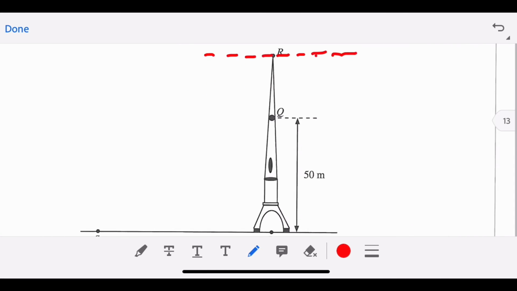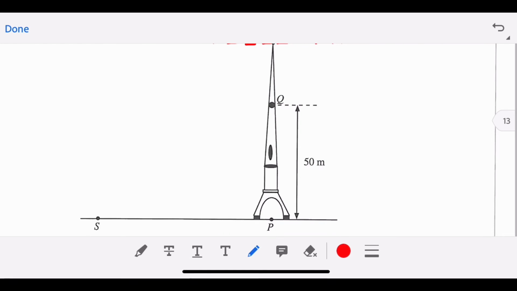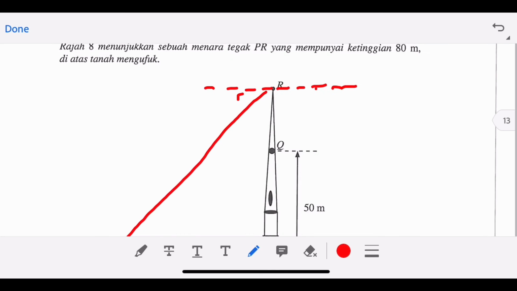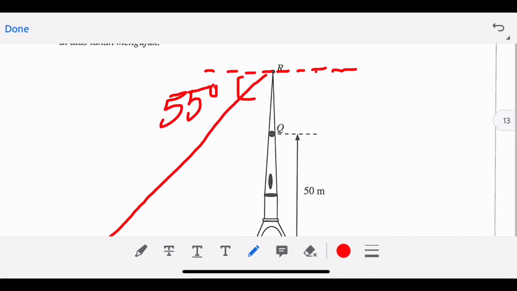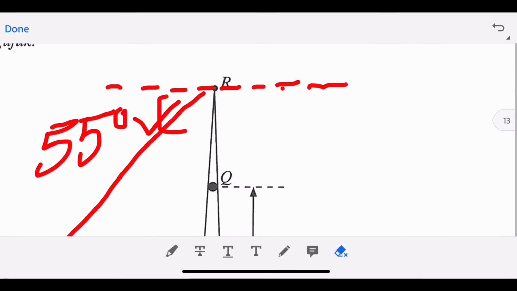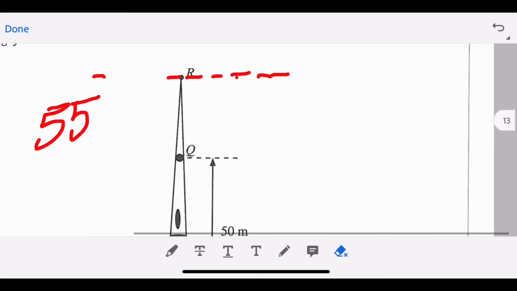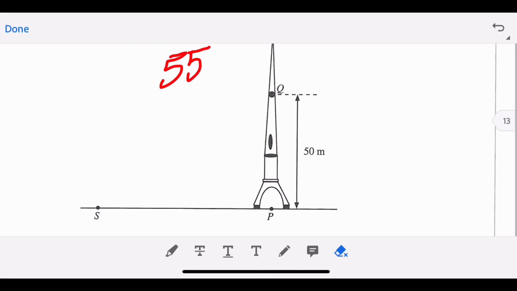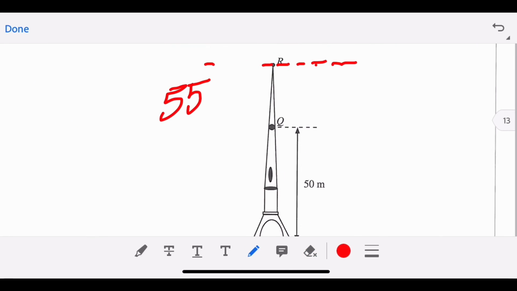Then we connect R to the point that we want to view, which we call the line of view. For the depression, make sure you draw an arrow to show the angle is measured downward, so it's 55 degrees.